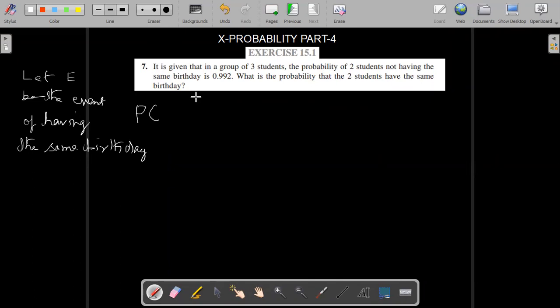What is the probability of having the same birthday? We have the probability of not having the same birthday.